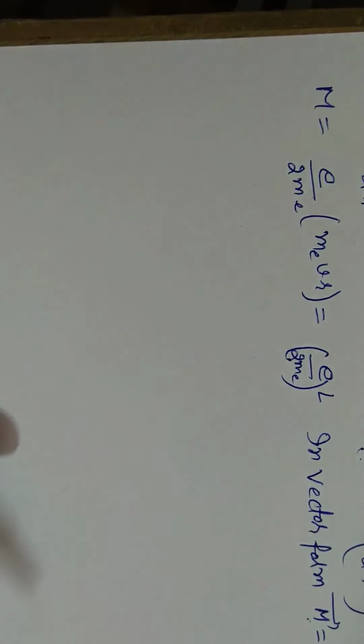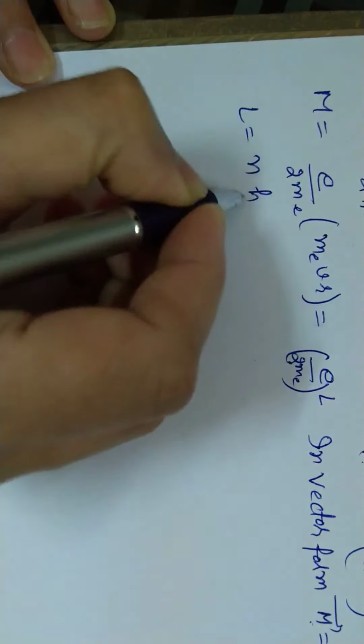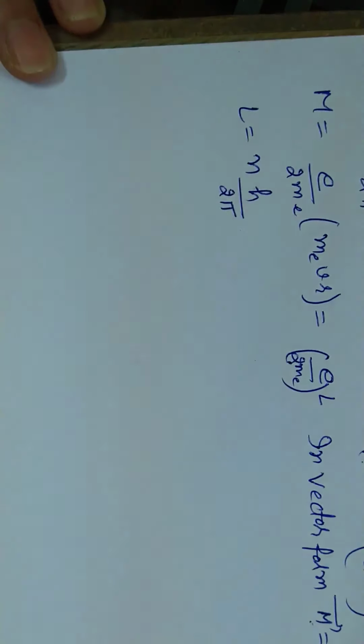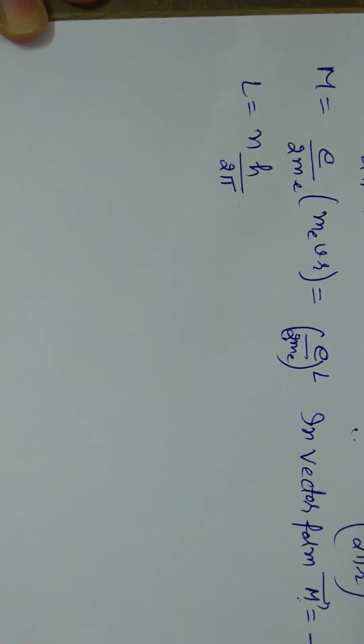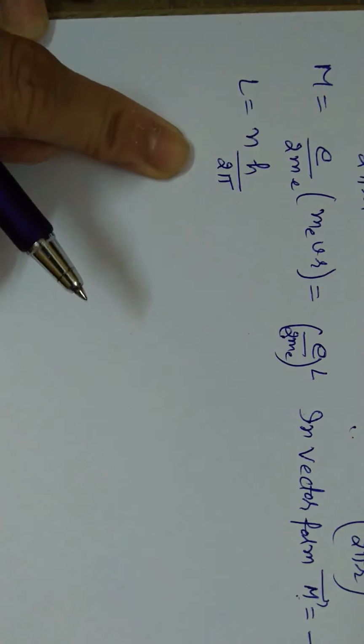And according to Bohr's theory, the angular momentum is an integral multiple of h upon 2 pi. Angular momentum of an electron revolving in an atom is nh upon 2 pi.